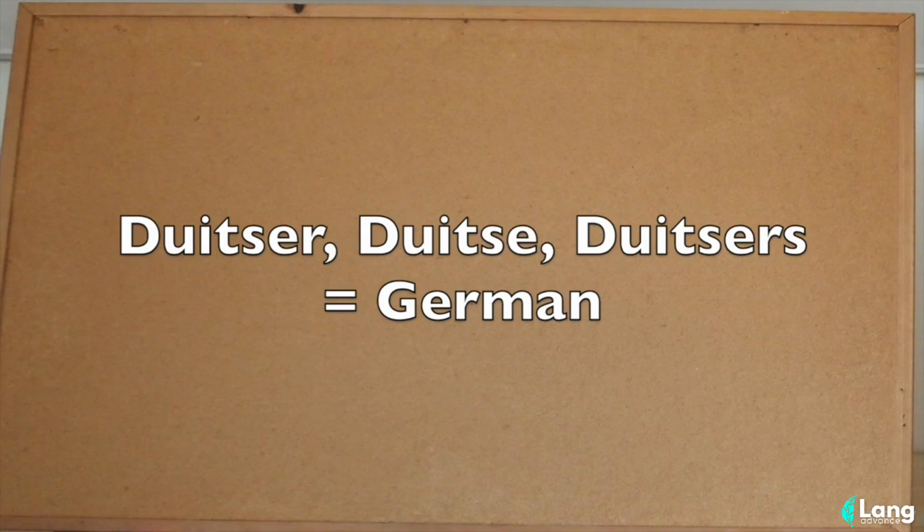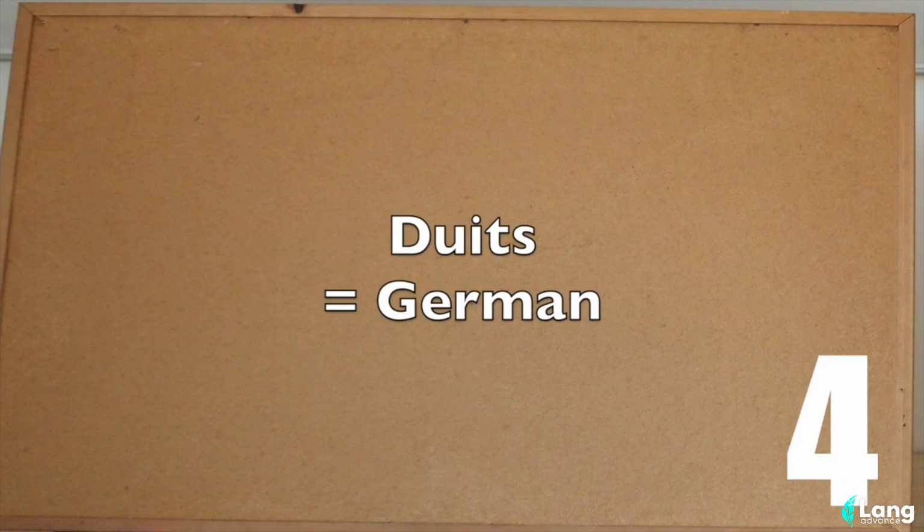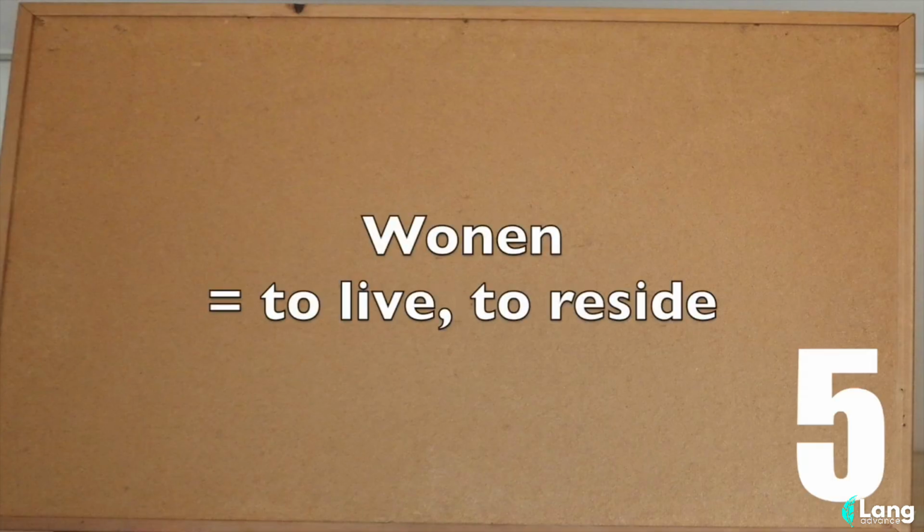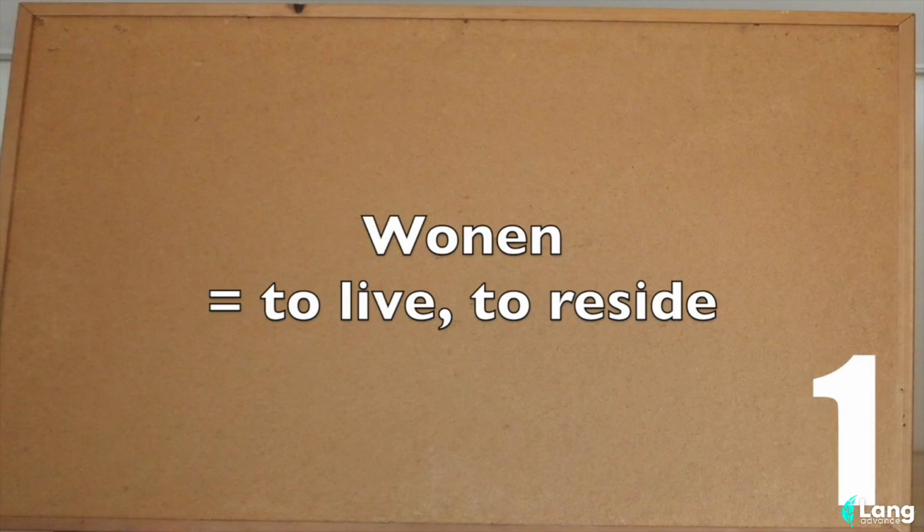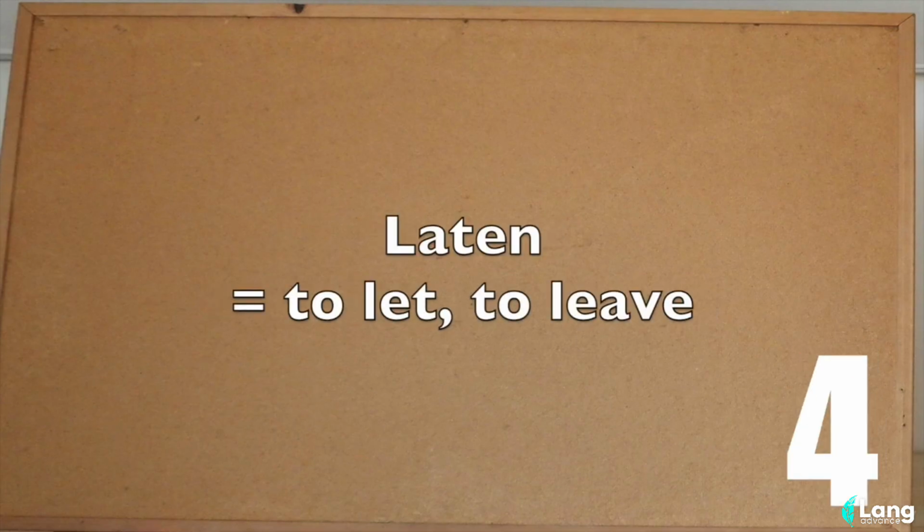Duitser, Duitse, Duitsers, that's German, Germans. Duits, that's German, the adjective. Wonen, that's to live, to reside. Laten, that's to let, to leave.